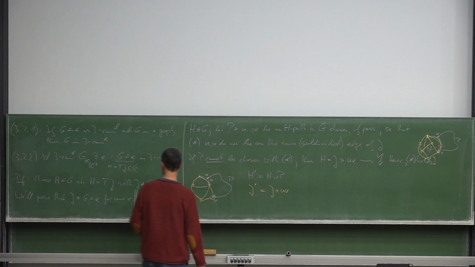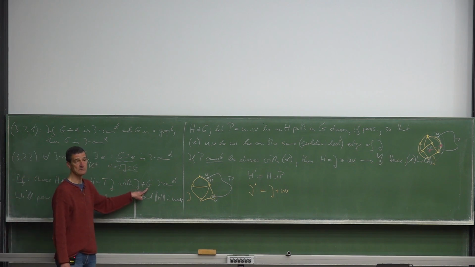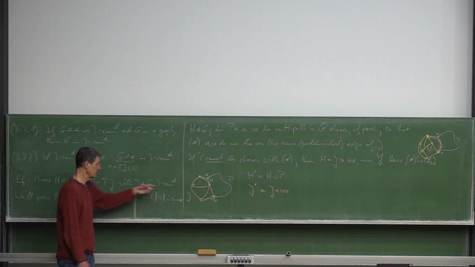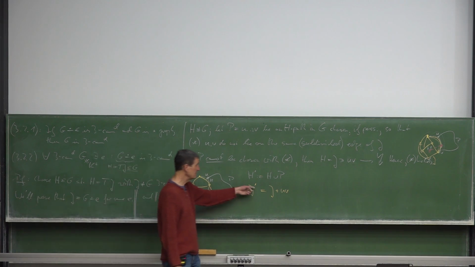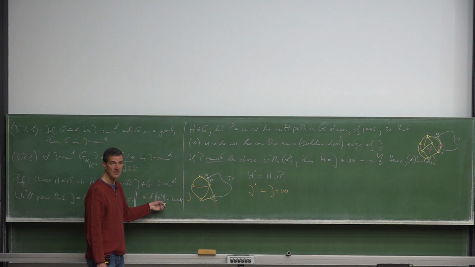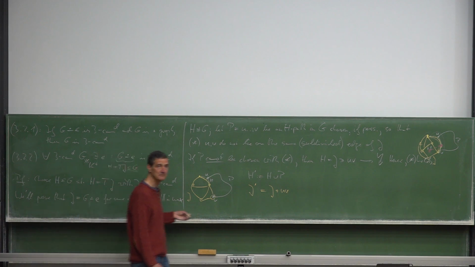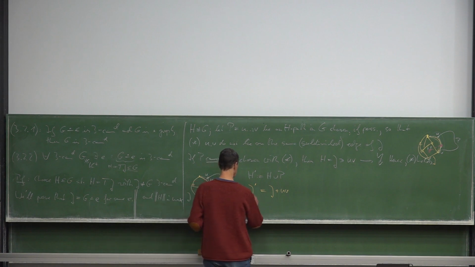Well, H was chosen with J not equal to G. And it should be 3 connected, but J prime is 3 connected. H prime has more edges. So everything is better. So the only thing that can be wrong is that J prime is in fact G. Ha, bingo.